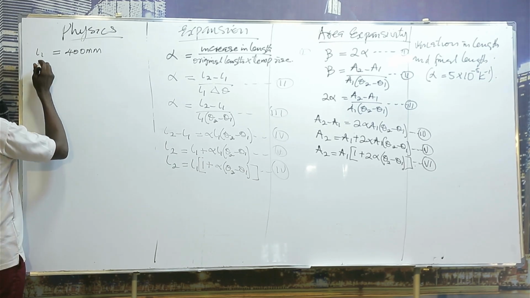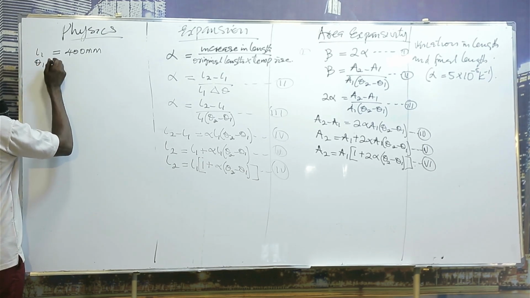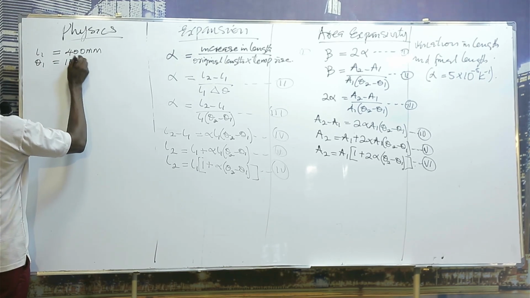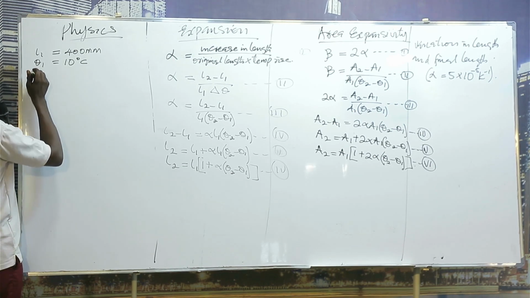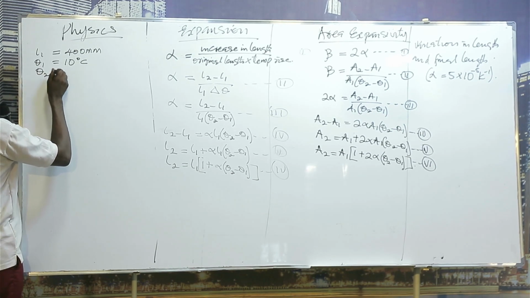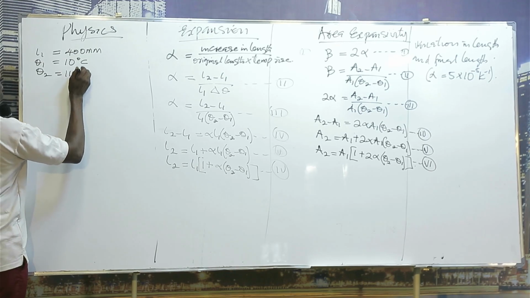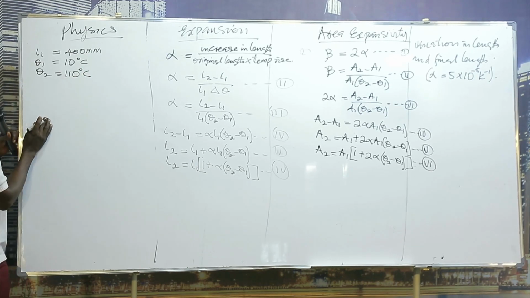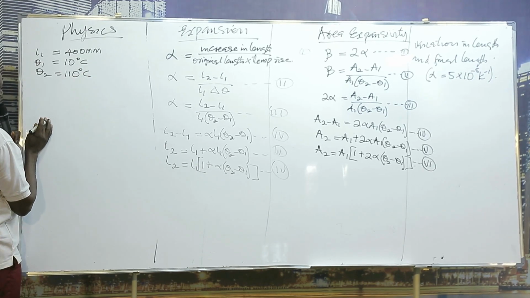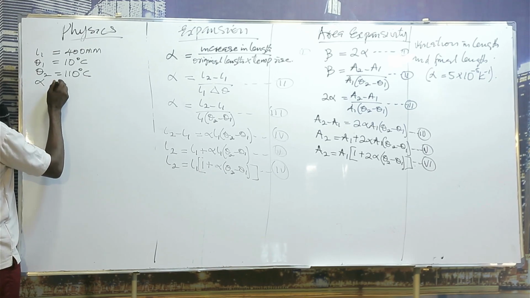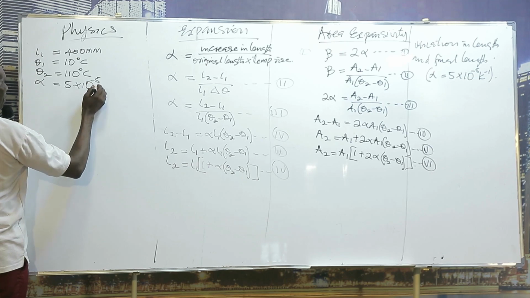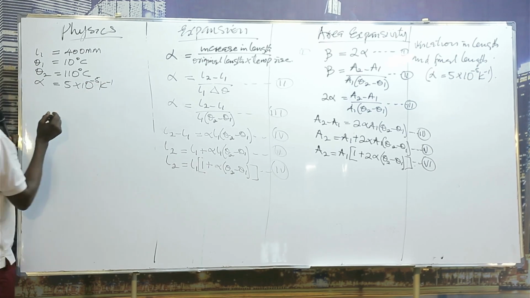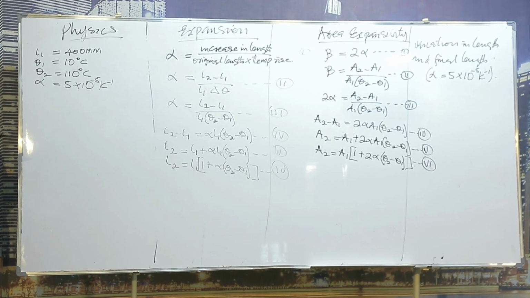Theta 1 is 10 degrees C. What's the next? Theta 2 is 110 degrees C. What's the next? Alpha, 5 exponential minus 5 per Kelvin. These are the parameters.